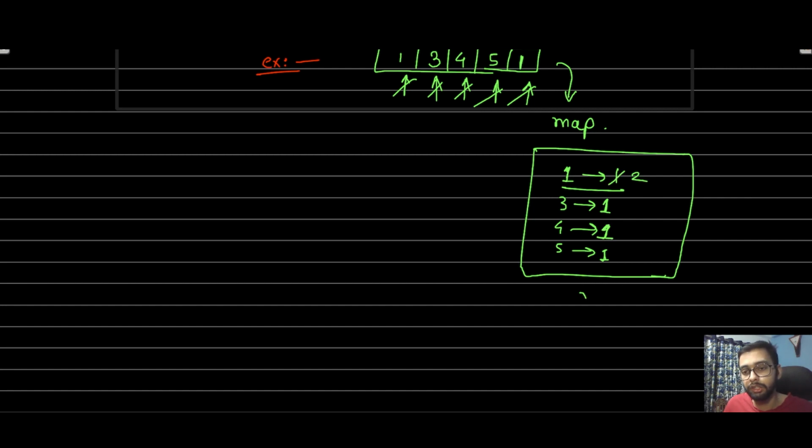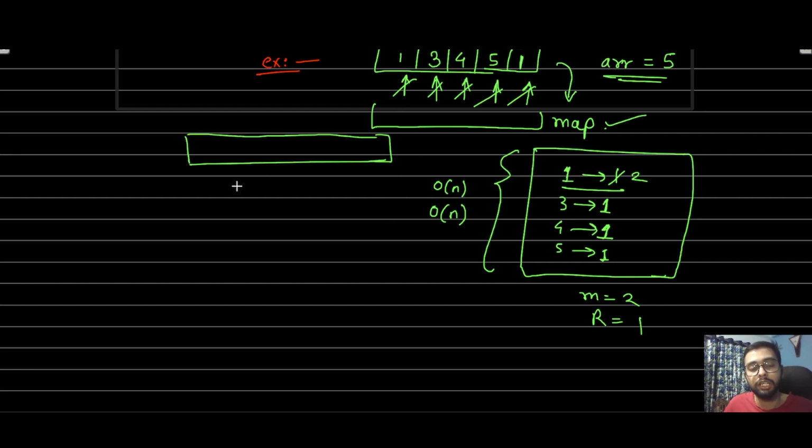So we can say that the missing number is 2 and the repeating number is 1. The time complexity of this solution is O(n), and the space is also O(n), because we traverse the whole array and create an empty array marking all the elements as 0.